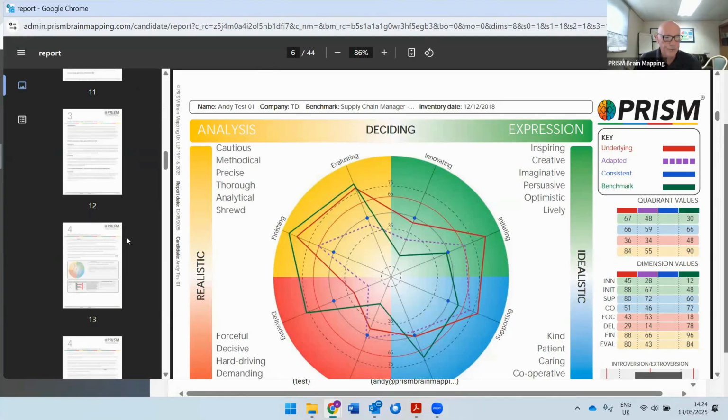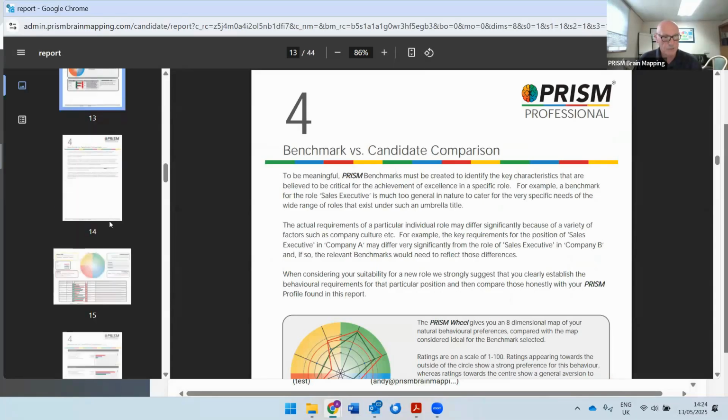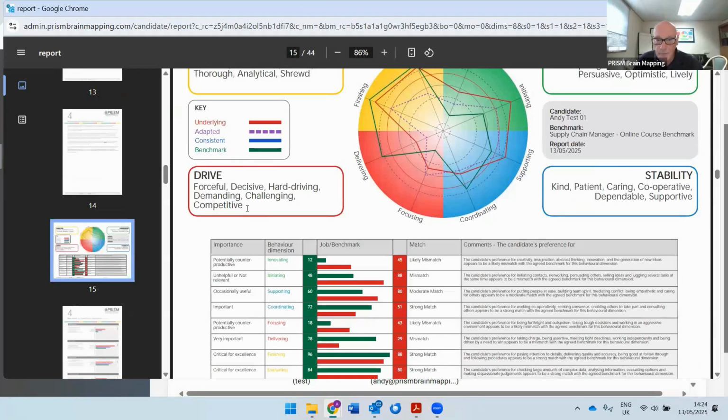We go down to section 4. Section 4 is an identification of the benchmark versus candidate comparison. A little bit of an introduction, and then we have the interpretation of the map. Now, this is, if you like, taking away some of the hard work for you. It's common sense.